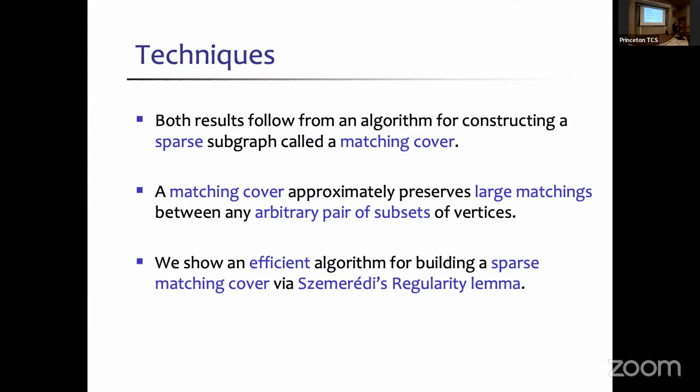You give it any two large enough subsets which have a large matching, and it will preserve it approximately. Our main contribution is to highlight that there is in fact an efficient way to build a sparse matching cover, where sparse will be really a polylog star n improvement over the naive representation using Szemeredi's regularity lemma.